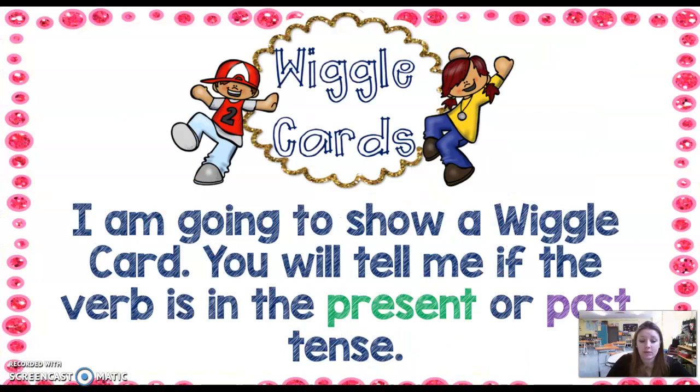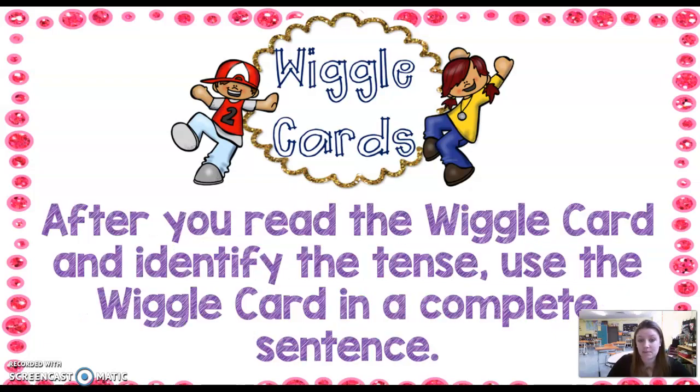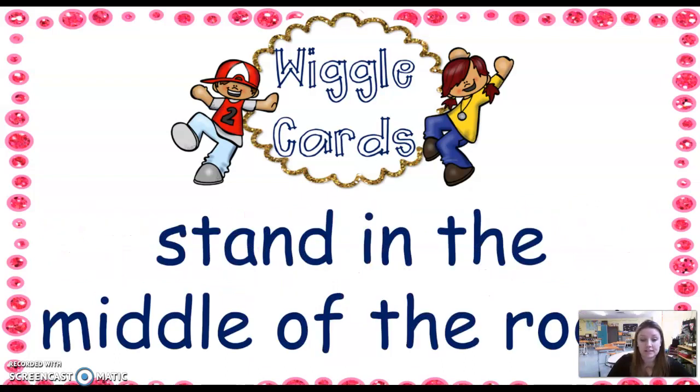Okay? So I'm going to project a couple of wiggle cards, and you're going to think about if the verb is in the present tense or the past tense, and feel free to act these out as they pop up on screen as well. After you read the wiggle card and identify the tense, you can act it out and then use it in a complete sentence. For example, our first wiggle card says stand in the middle of the room.